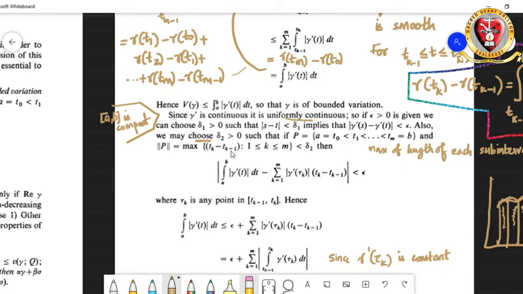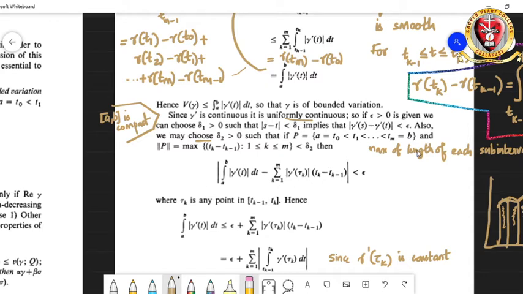When considering the lengths of the subintervals, we choose the maximum of them. That is the norm of P. We make the partition such that the maximum length among the subintervals is strictly less than delta 2. We can have such a possibility.